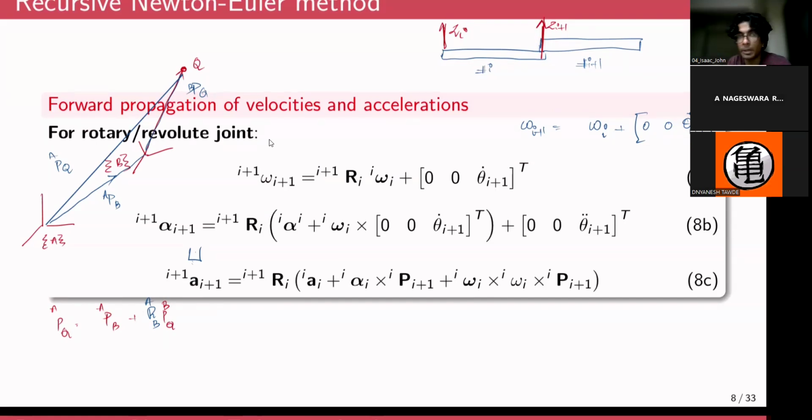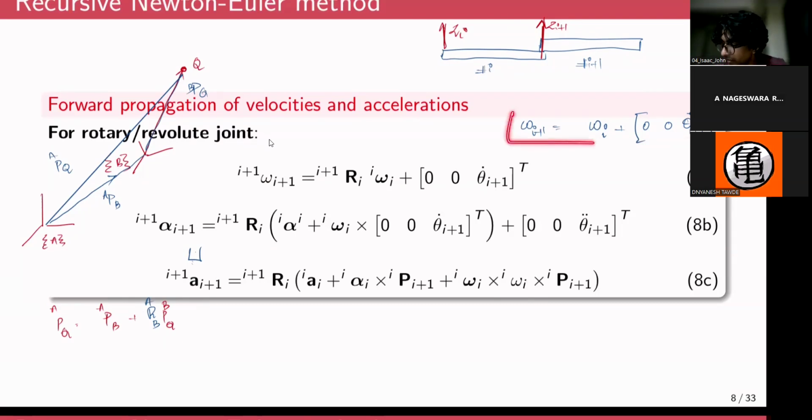But for the purposes of this recursion, we want everything to be expressed with respect to a single frame of reference. And for convenience, we want everything to be expressed with respect to the frame at which we are currently investigating.